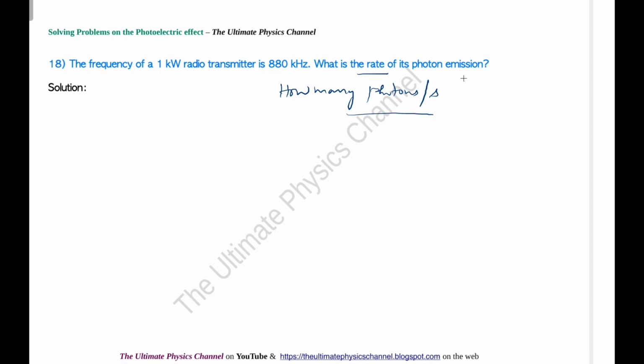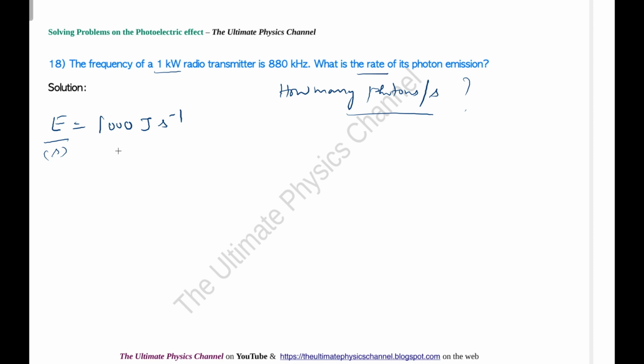Now power is given as 1 kilowatt. So energy is 1000 joule per second, energy per second, rather.